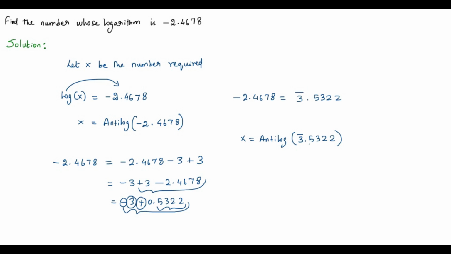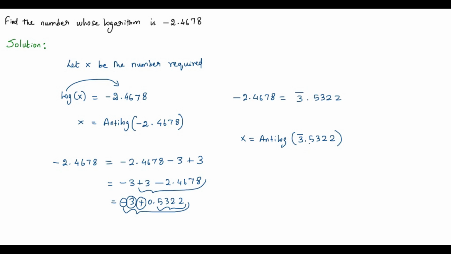So now the digits we have after the decimal point are positive. So now we can use anti-logarithm table to get value for this number 5322. Because when we use anti-logarithm table, we will not consider the digit we have before the decimal point. So this will be included in calculation a bit later.